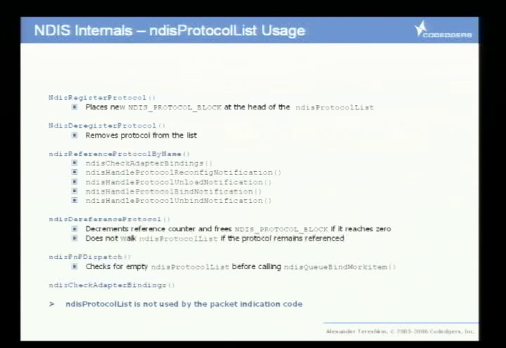I've shown here a few functions that use this pointer, but you see that none of these functions belong to packet indication code. The conclusion of this slide is that this global variable ndis protocol list is not used by the packet indication code at all.